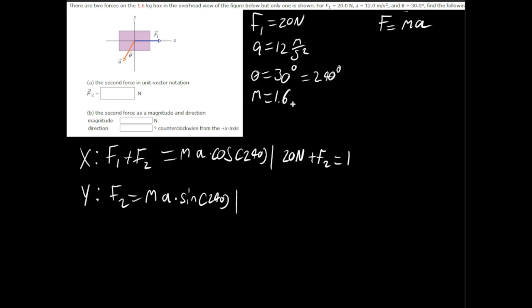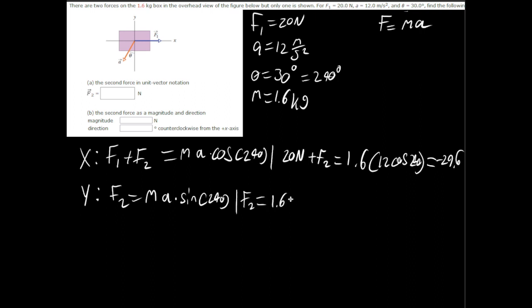Mass equals 1.6 kilograms. 1.6 times 12 cosine 240, and that equals negative 9.6. And if you subtract 20 to get just F2, then F2 equals negative 29.6. And let's do the same thing here.